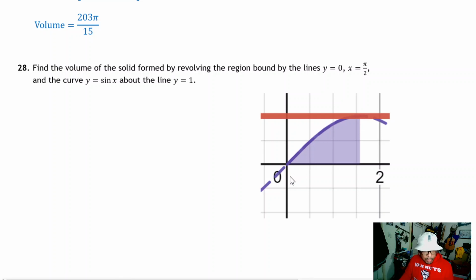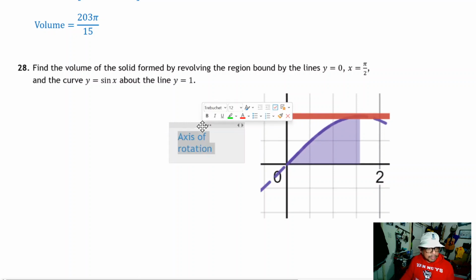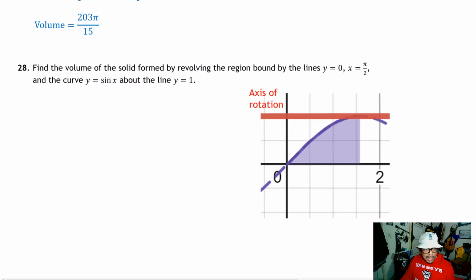So here's my y equals sine x graph. This is my axis of rotation up here. And we're revolving this region about that red line.